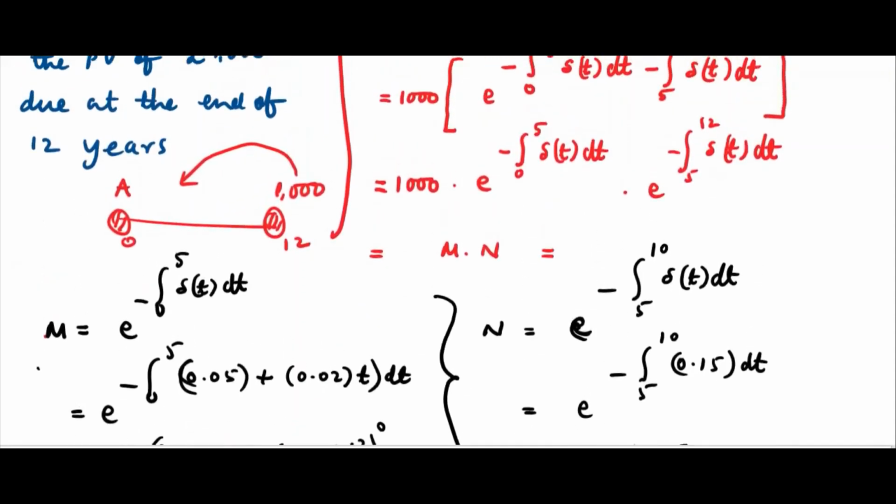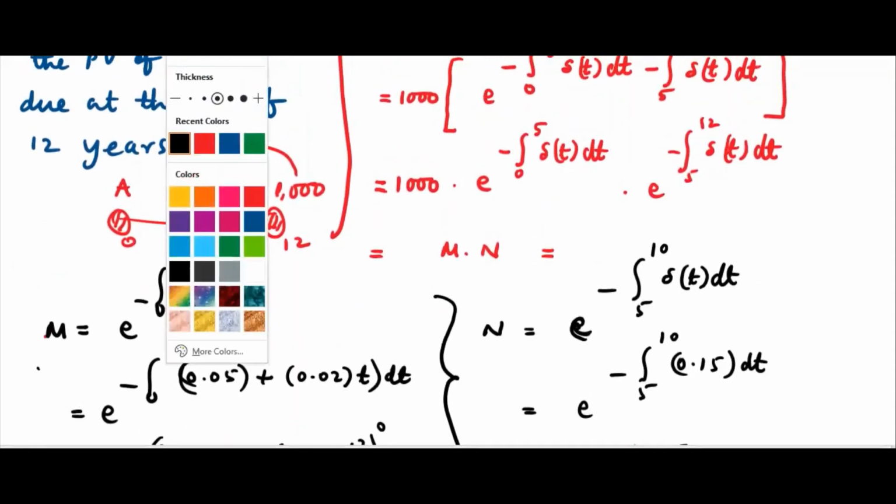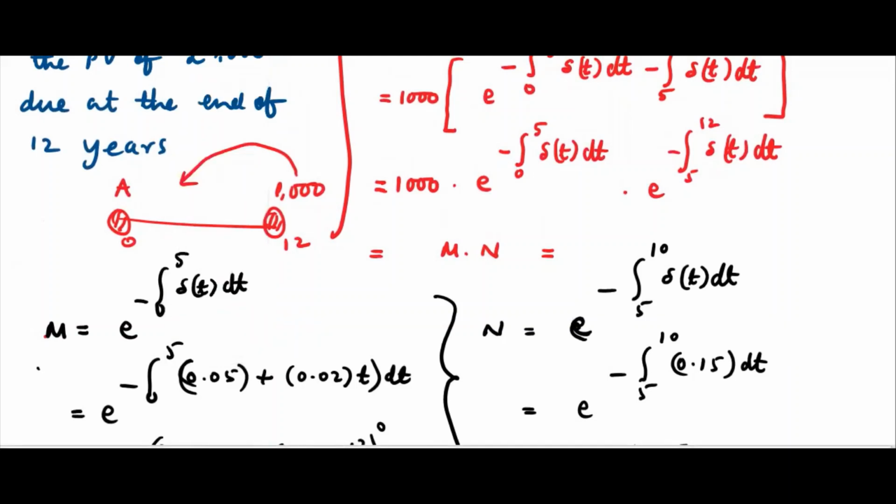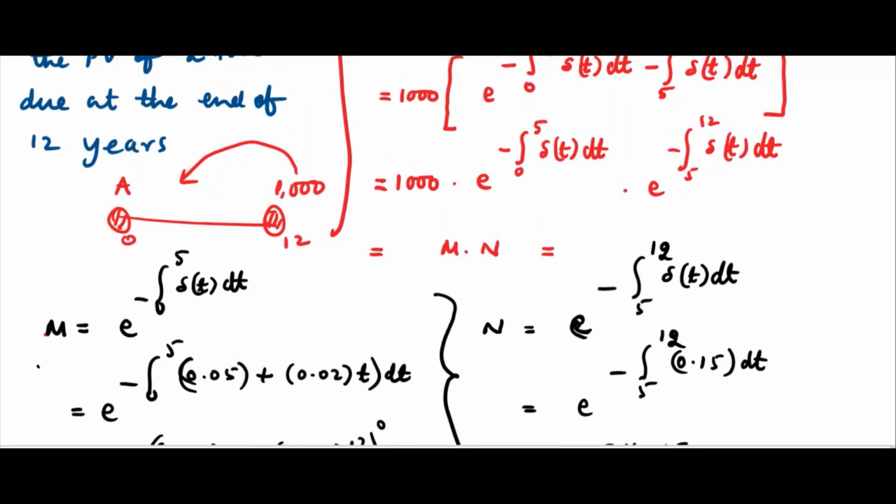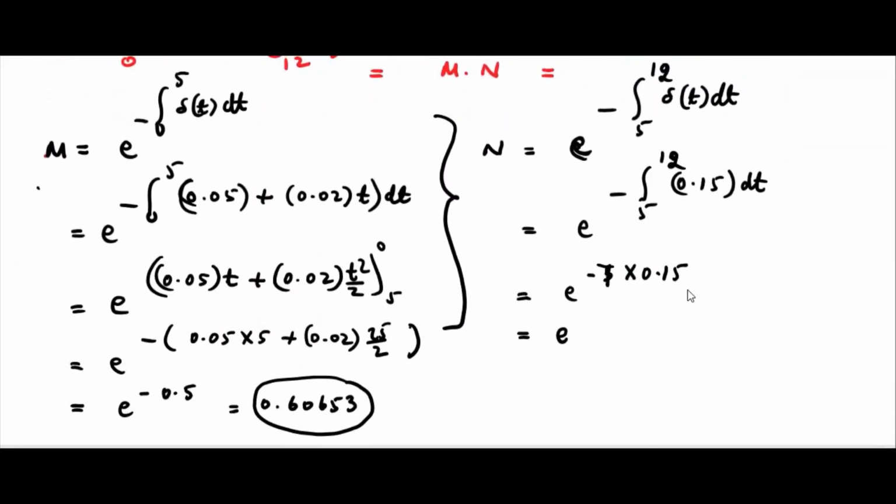Actually, I took 10, it's 12. So change it to 12, 7 here. And if you use a calculator, you will get 0.34994.